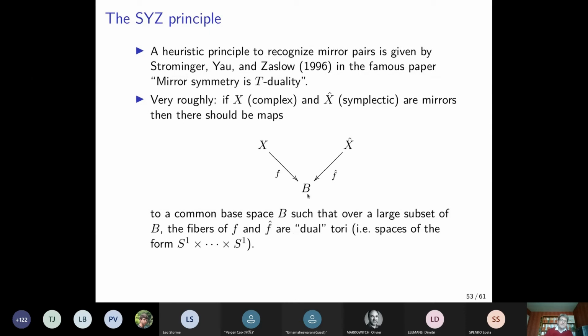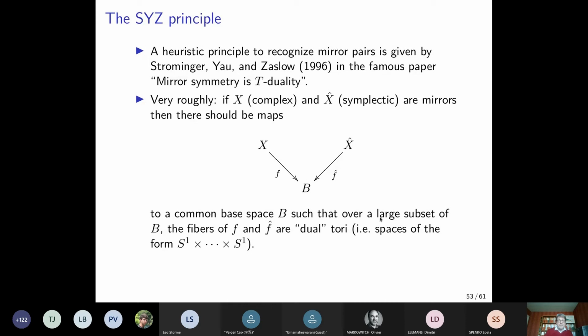So the fibers of this map should be tori, and we've already encountered the two-dimensional torus, which was a circle times a circle. Well, a higher dimensional torus is just more copies of the circle. And then to get the mirror, you should take the corresponding fibration by dual tori.